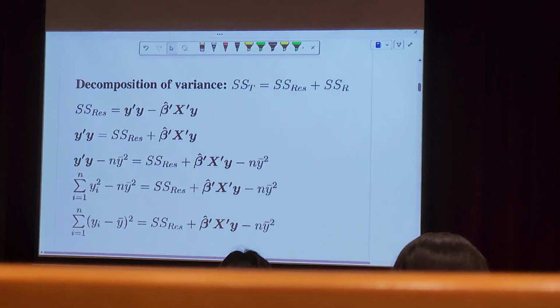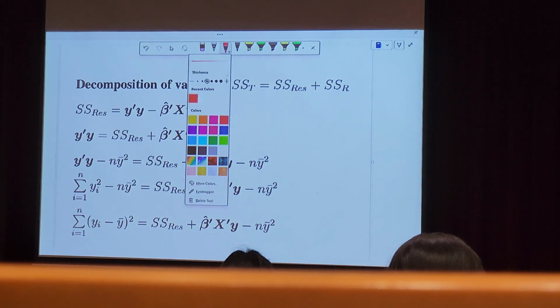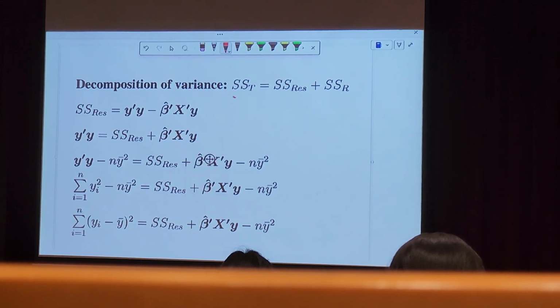So now let's look at the decomposition of variance. The total variation is decomposed into two components. One is the sum of squares of residue.